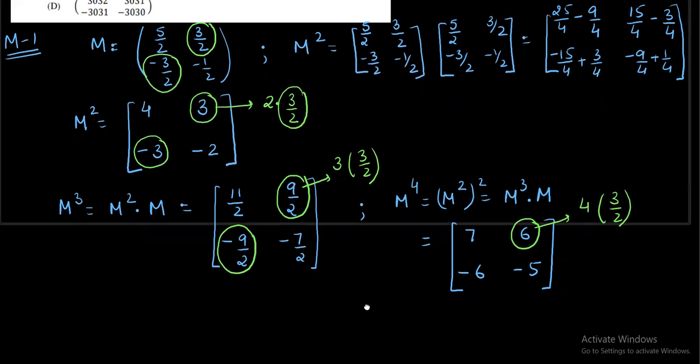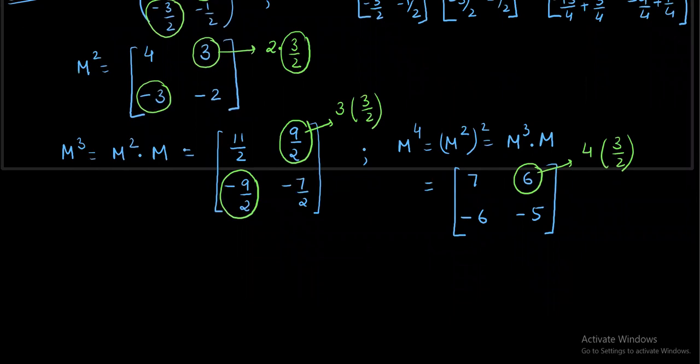And that is the reason I'm saying that in general, when I calculate M power N, the entry over here can be written as 3/2 times N. So this will become minus 3N/2.